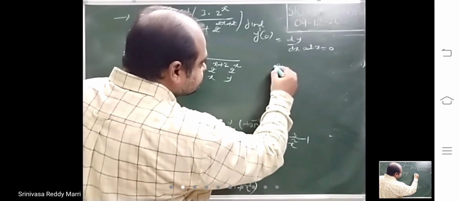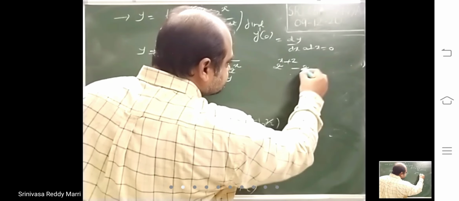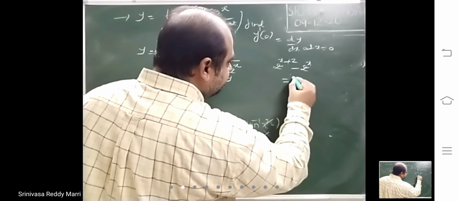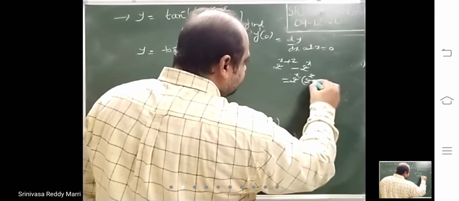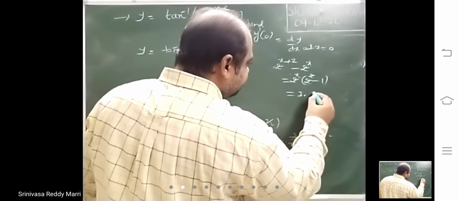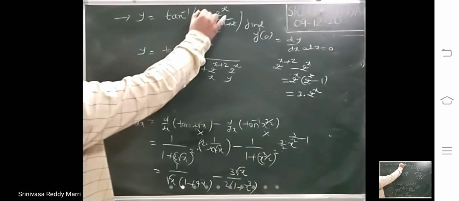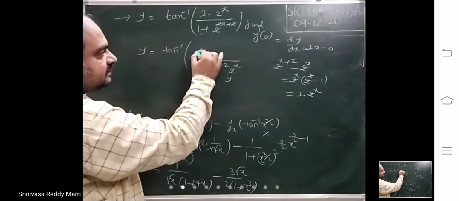Now x minus y, let us calculate how much it is. If you take 2 power x common, 2 square minus 1, this is nothing but 3 into 2 power x. So directly it is there here. This is x, this is y, and x minus y is this.